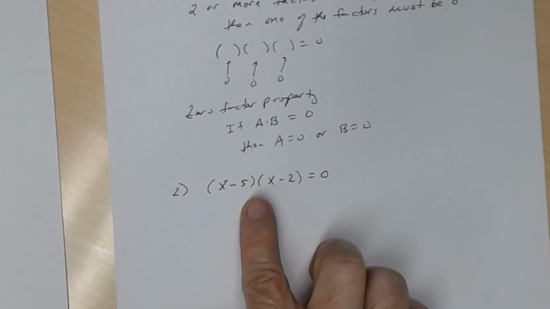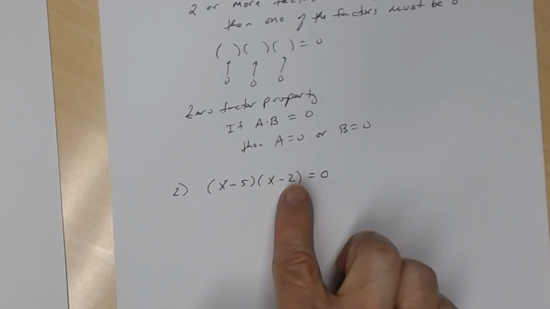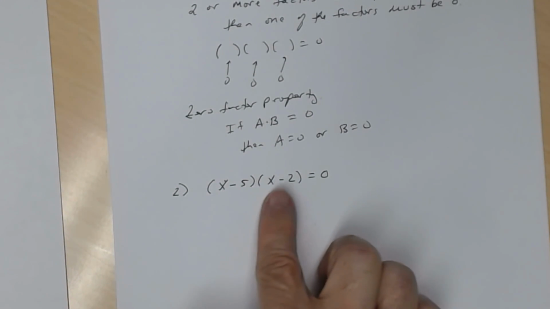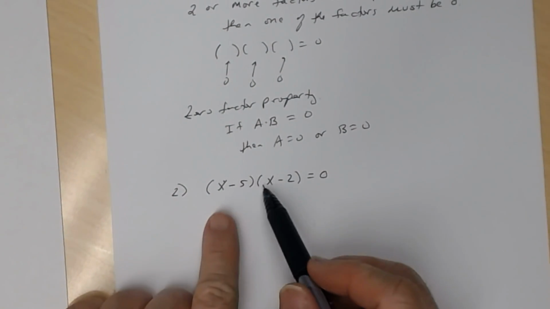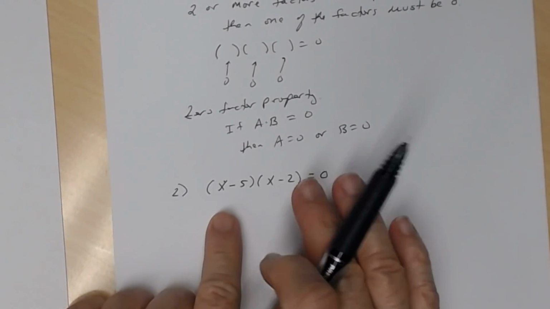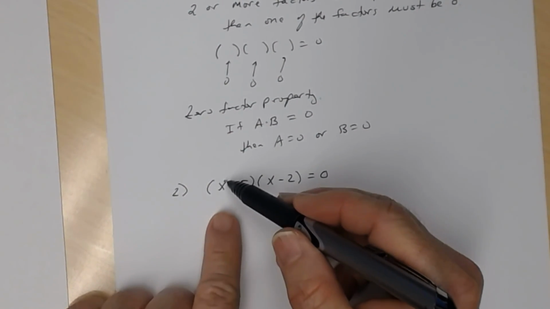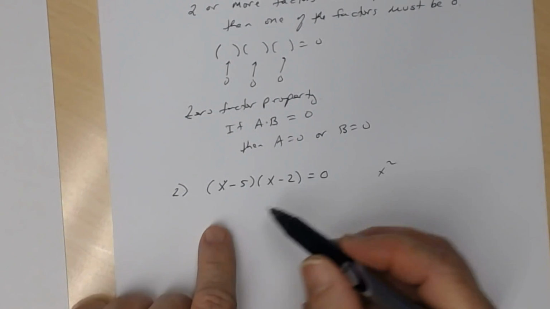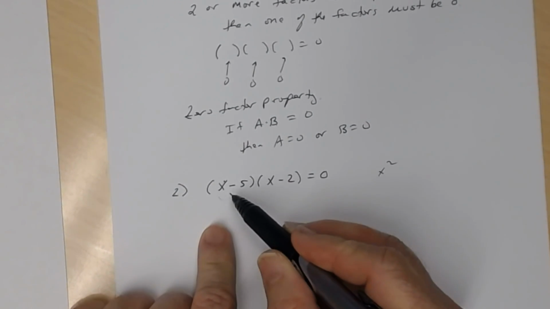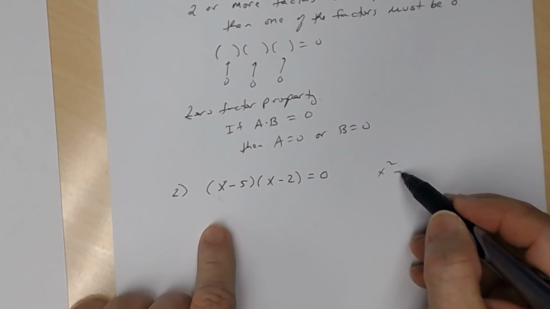Now I want you to notice this. You dealt with a whole chapter on factoring, so notice that if you were to FOIL this out, because I have two binomials being multiplied, I'm just going to FOIL it out to show you what you're going to get. X times x is x squared. The outer is a negative 2x.